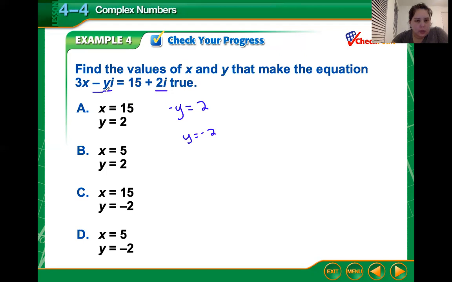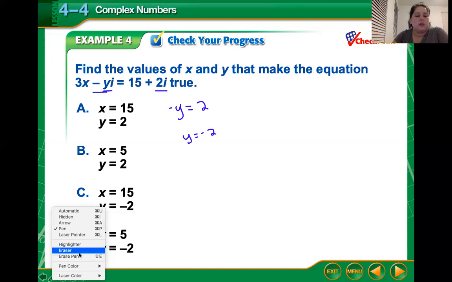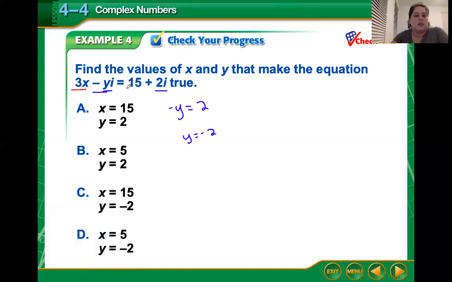So this negative gets applied to this y here. And we're also going to set real with real. 3x equals 15. Divide by 3. And we get x equals 5. So our answer is D.